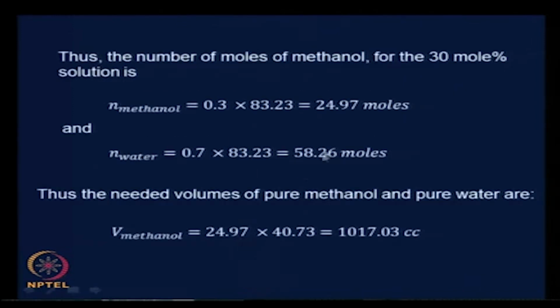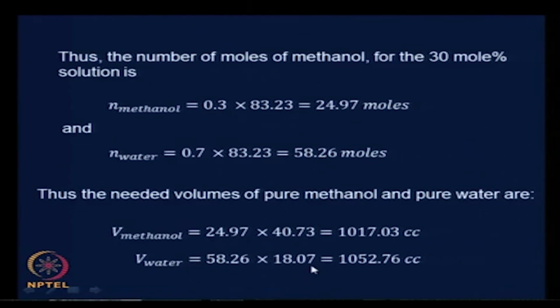So, the number of moles, which is what we found out, times 40.73 molar volume turns out to be 1017.03 centimeter cubed, and volume of water is 58.26 moles of water times the molar volume of water 18.07, which is 1052.76 centimeter cubed. So, that brings us to whatever we need from the problem.